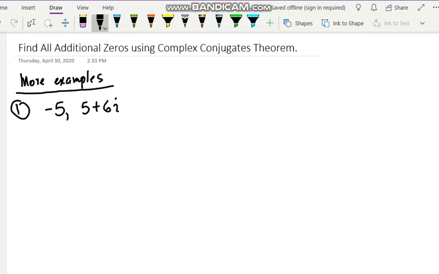I know that I cannot have an additional +5 because it's not an imaginary number. But 5 plus 6i is imaginary, which means it needs a partner, needs a conjugate. This one needs 5 minus 6i.